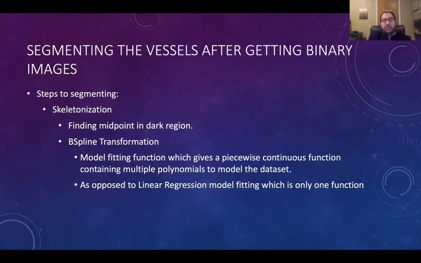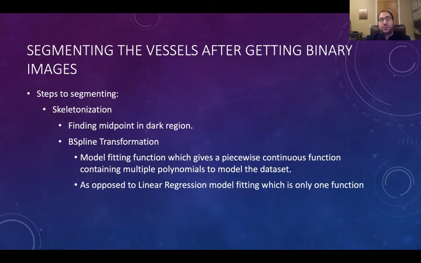I was working at the same time as them, in case they did not finish their research, so that I could get some sort of product on my own. But thankfully, they finished their research, and I was able to use their product. So I moved on to the core of my project, which is to segment the vessels after getting the binary images.